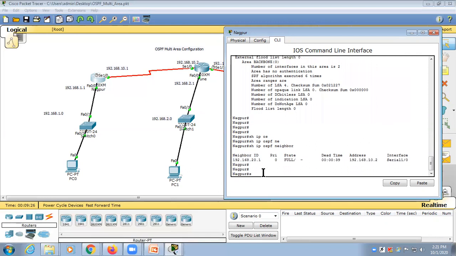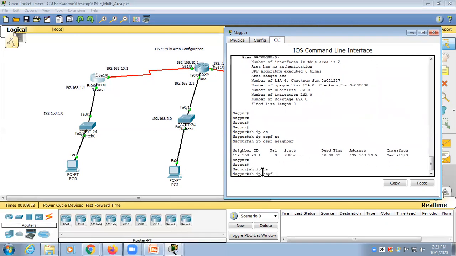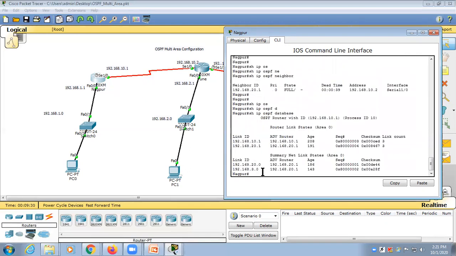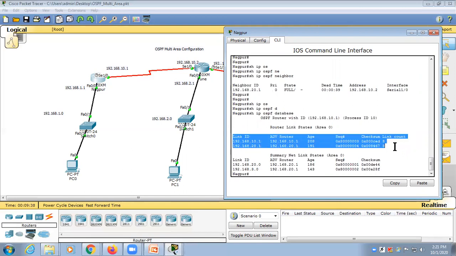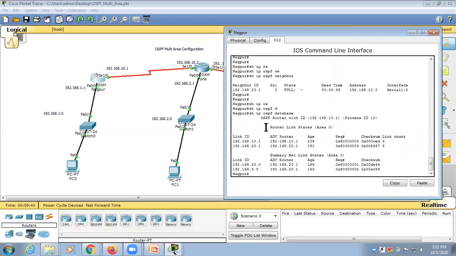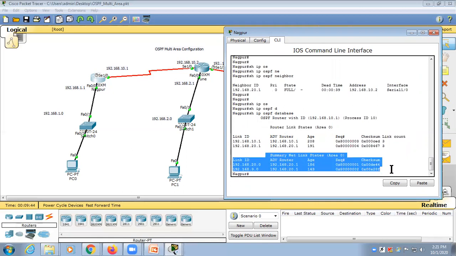Again, check one command, show ip ospf database. This is very important, guys. This is a big difference. Earlier, in the single area configuration, we showed the database for only that area. But here it is showing area 0, with the description and other information.